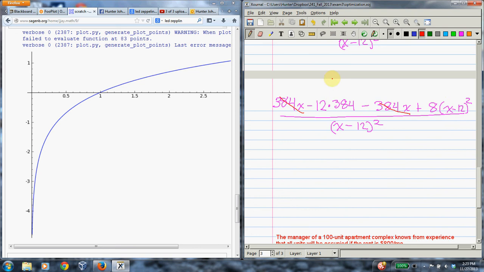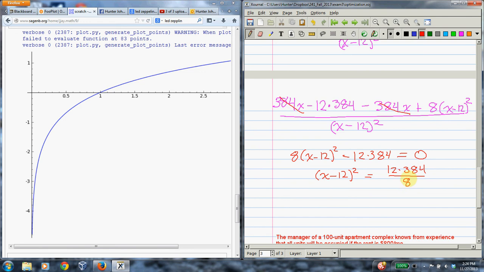So the equation that we really need to solve, the denominator doesn't make any difference. So what we really need to solve is 8 times x minus 12 squared, minus 12 times 384, equals 0. And so I've got x minus 12 squared equals 12 times 384 over 8.